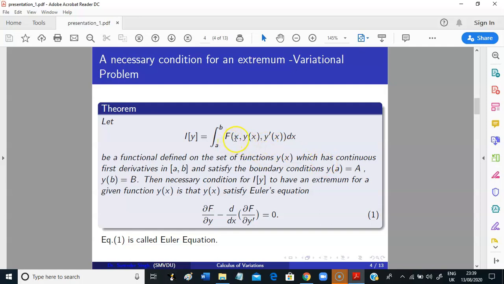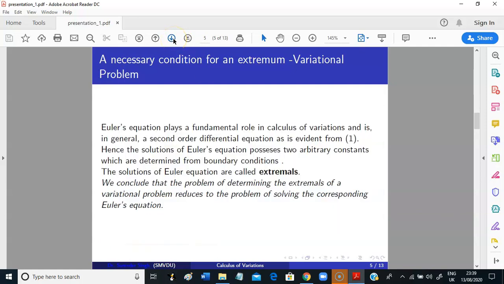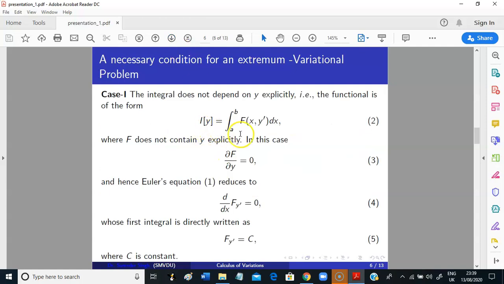But there can be situations where x is not appearing explicitly, or y does not appear explicitly, or y dash does not appear explicitly in this type of expression. So in those situations, this Euler equation reduces to a simplified form, and we can obtain the desired extremum in a simpler way. So the first case is where y is not appearing explicitly.